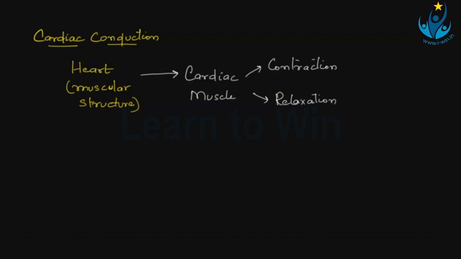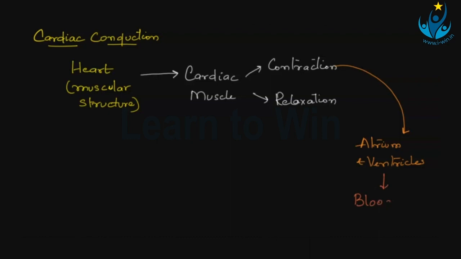Right, now when cardiac muscles contract, there is the contraction of not just the muscles. This results in the contraction of the atrium and ventricles. The atrium and also the ventricles will contract, and this results in the pushing of the blood. This results in the blood flow out of them.